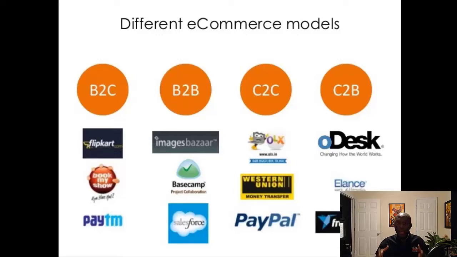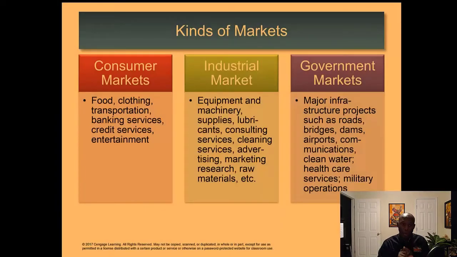And these are all elements when you talk about the exchange of products in the market. So you have your consumer market, where you have your normal types of products, food, clothing, transportation, and then your services. You have your business market, your industrial market. We talk about B2B again. Equipment and machinery, supplies, lubricants, consulting services, cleaning services are all in that category.